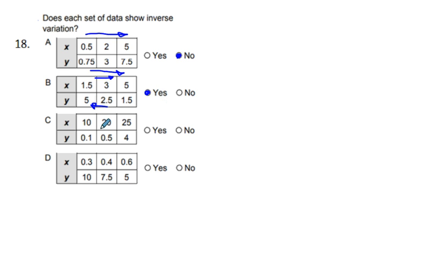Then we have C, both are going up. That is direct variation, possibly. And then in D, we have inverse variation. See, if you multiply all these together, 0.3 times 10 is going to be 3. 0.4 times 7.5, that's 3. 0.6 times 5, that's 3. But they're going opposite directions. So this is what it should look like for 18.